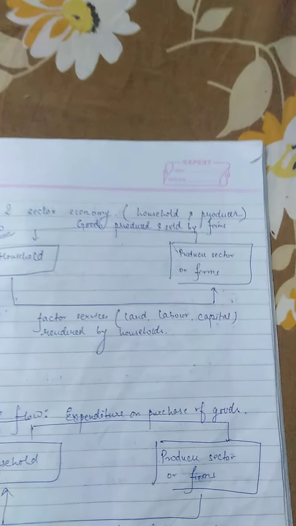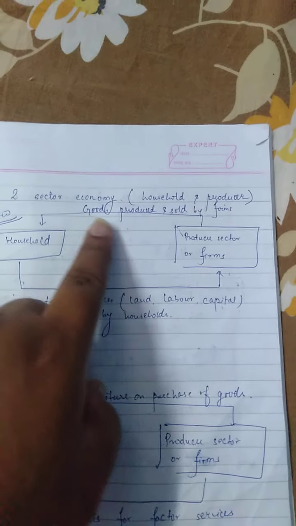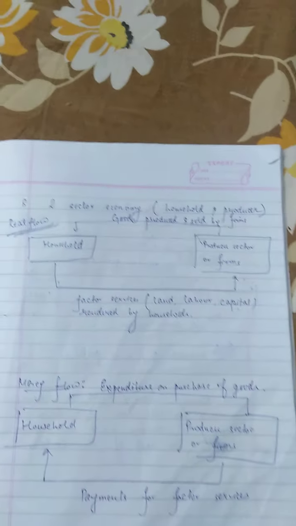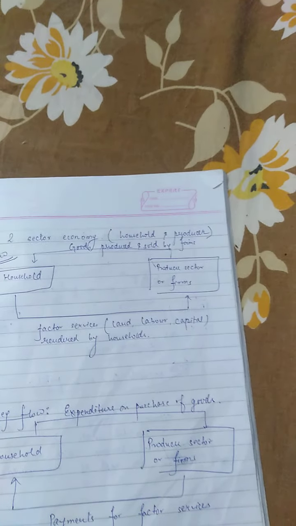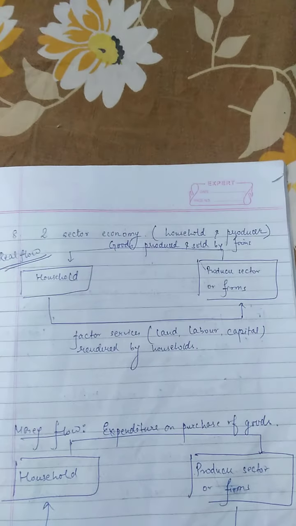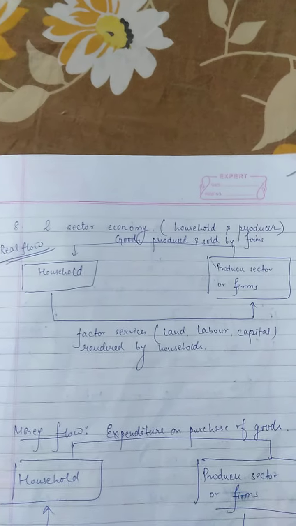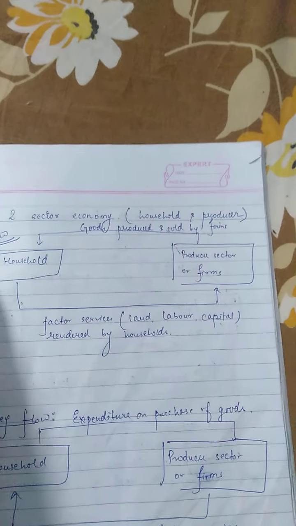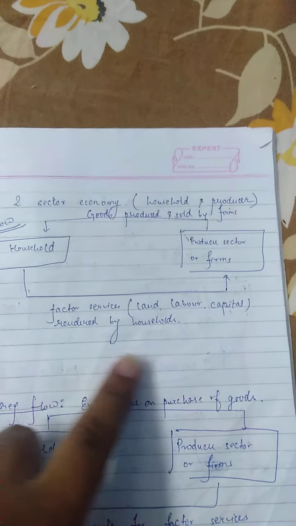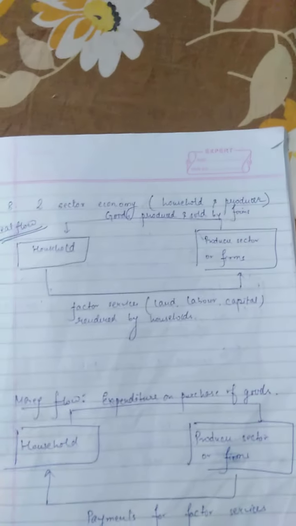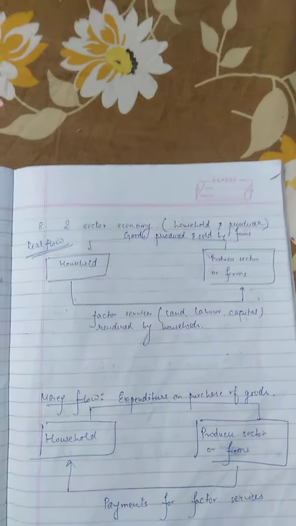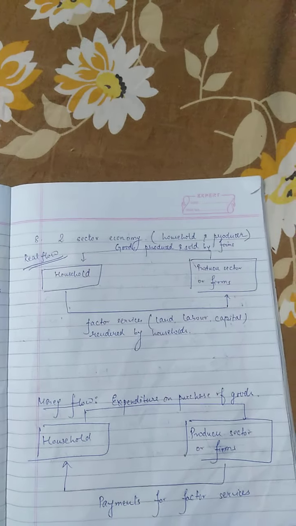The producer is producing goods and selling them to the households, and for this production the producer requires and hires labor from the household sector, and that is why the household provides services, which are called factor services.